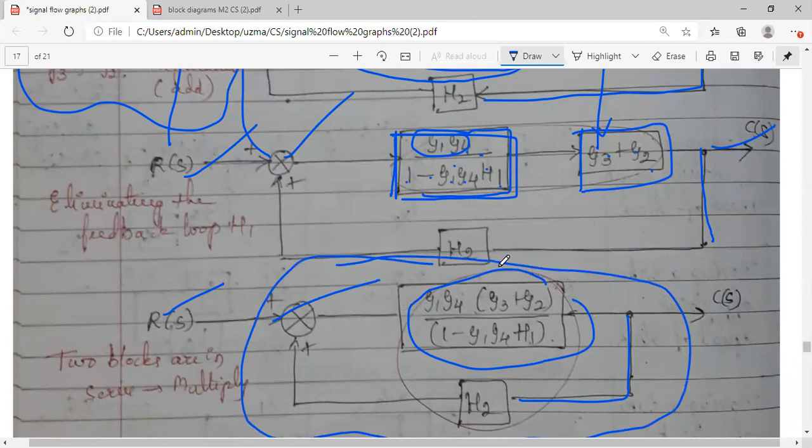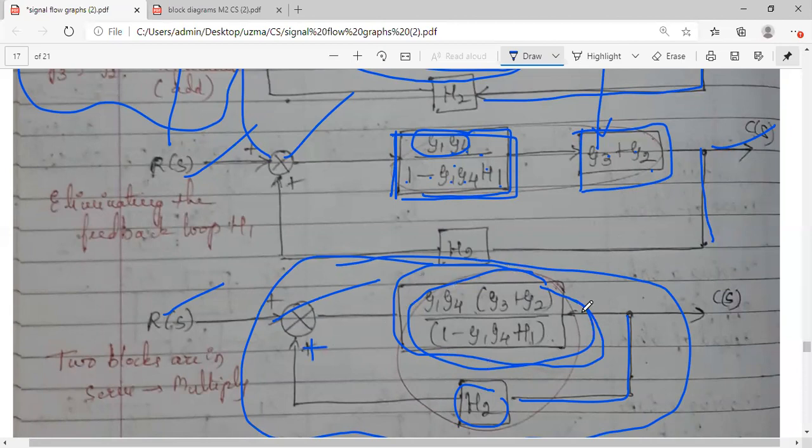Again, I have to use this bigger term. This is forward gain, and this is your feedback gain. Formula says forward gain will come into the numerator divided by, this is positive feedback, so minus sign will come.